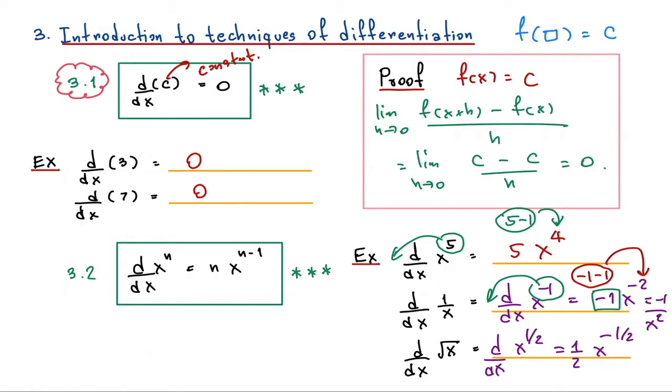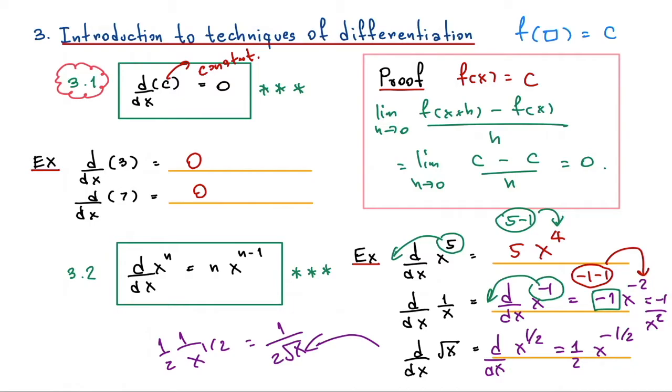Which is actually 1/2 times 1 over the square root of x. If you want to go a little bit slower, it is half of 1 over x to the 1/2, which is 1 over 2 square root of x. And that's the answer.